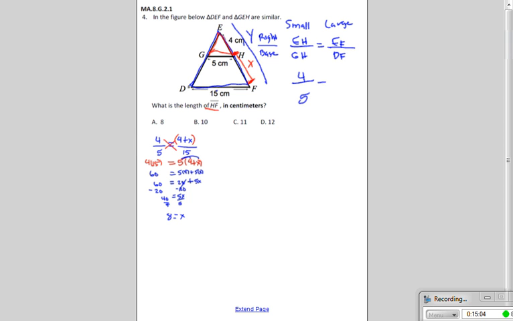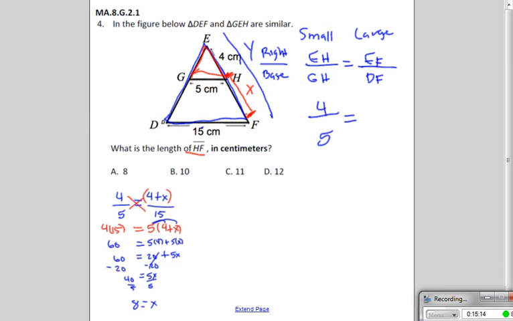But this time, instead of EF, I'm going to call that Y. So instead of EF, we're going to call this Y over DF, which is still 15.